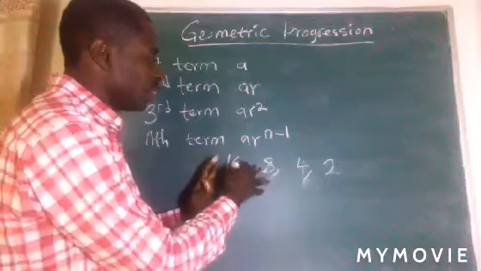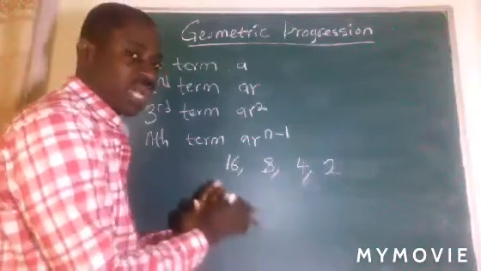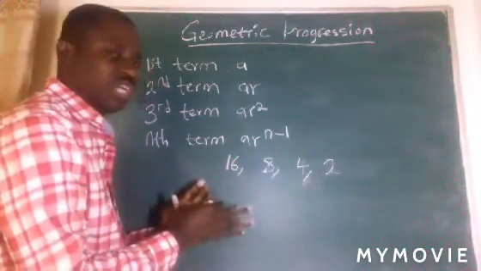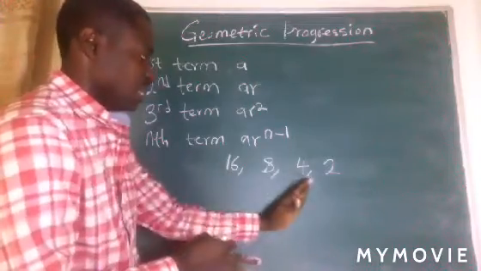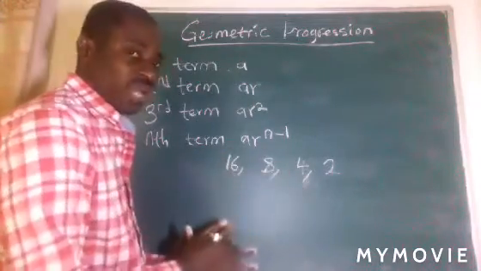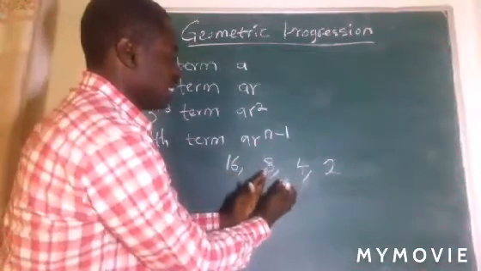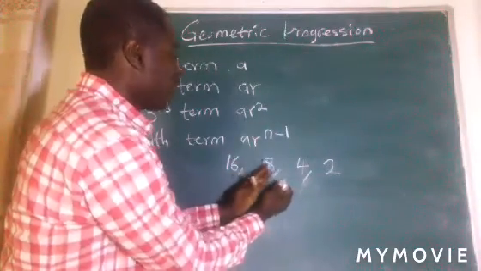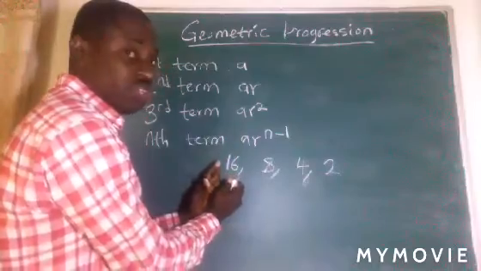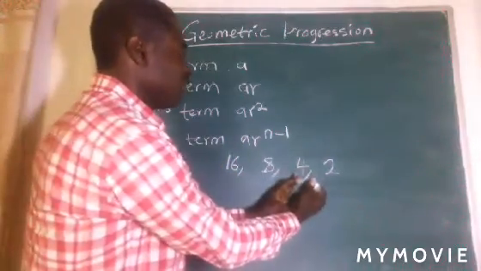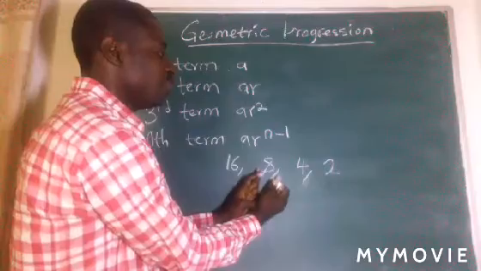Now the two sequences don't have the same common ratio. We are still using the same way to get the common ratio.